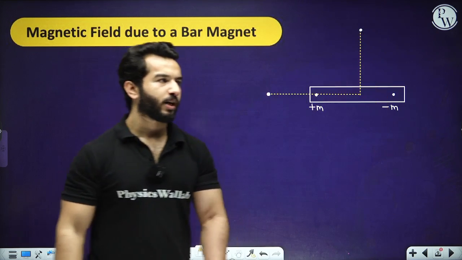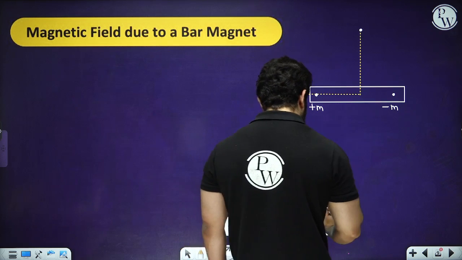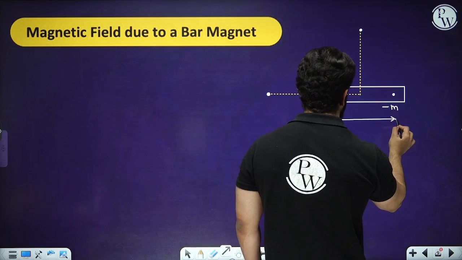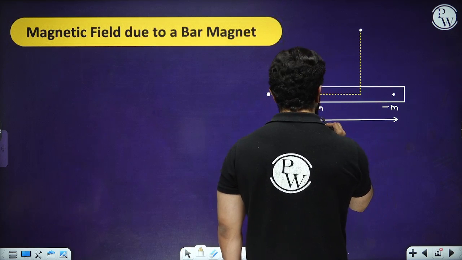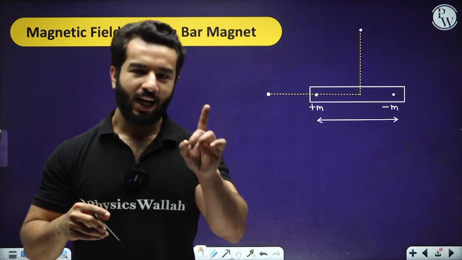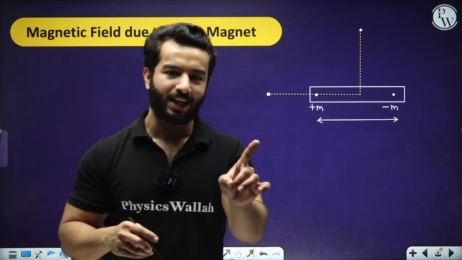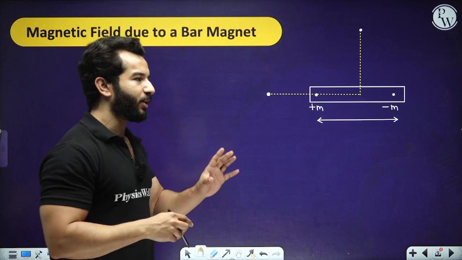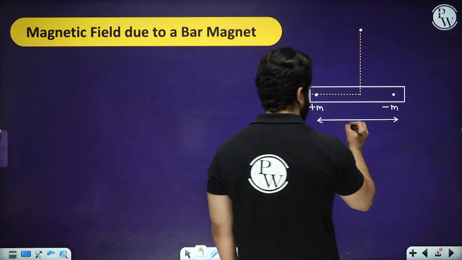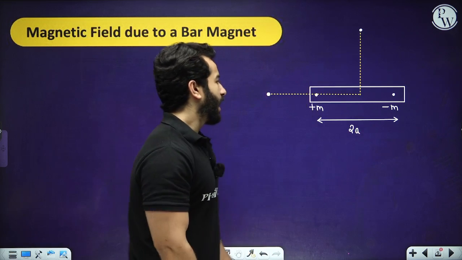And one we can also write for a general point. Again, we are going to derive it similarly to what we derived for the electric dipole. If you want the derivation again, I would suggest you watch the electric field chapter all over again. I have derived each and every derivation. Okay. So over here we'll just write it in the form of 2a, right?